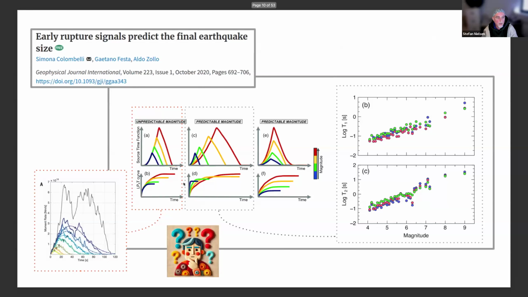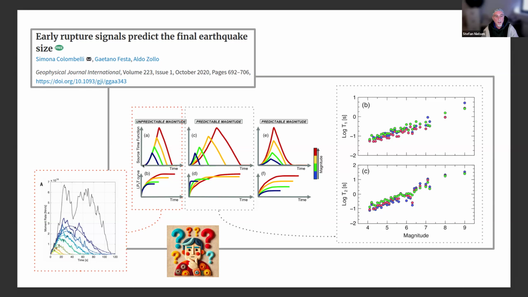Then there's other studies like the work by Simona, who I think is listening now, where they claim the opposite. If I describe the moment rate that I derive from seismological data as functions that peak and then decay again, I can have 3 types of development here.